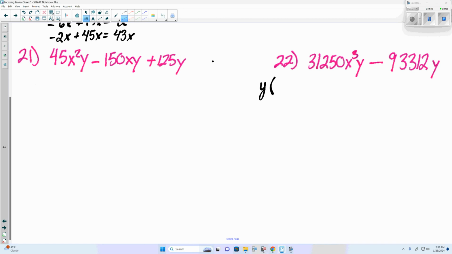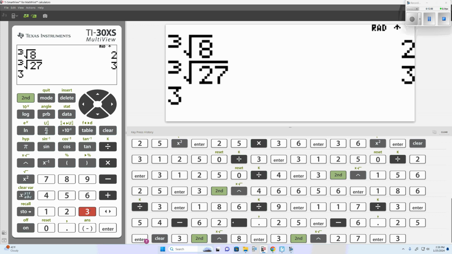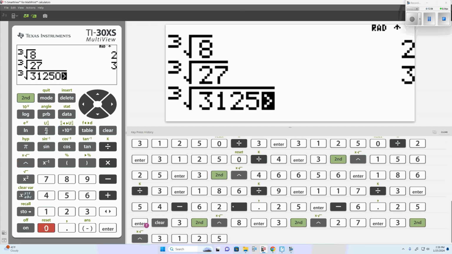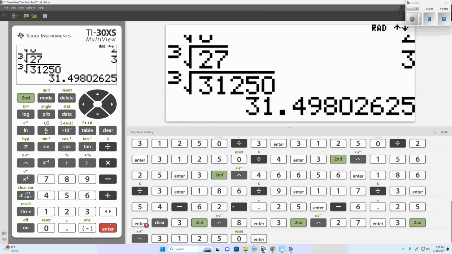They are both even, so there could be a greatest common factor of 2. Now 31,250, we could take the cubed root of 31,250. Well, it gives us a decimal, so there's definitely a greatest common factor.